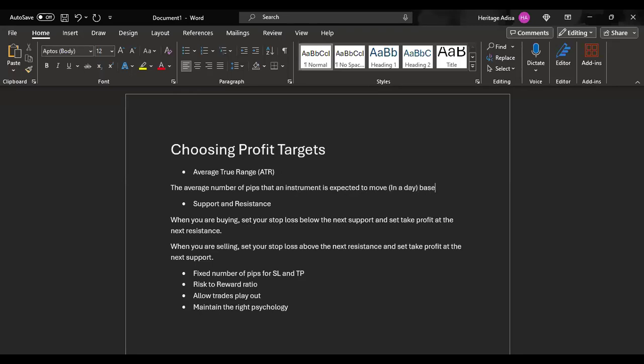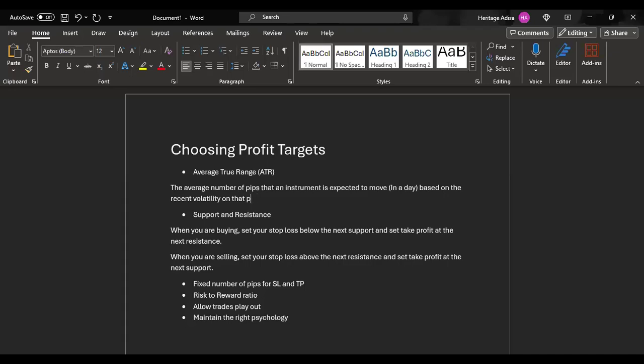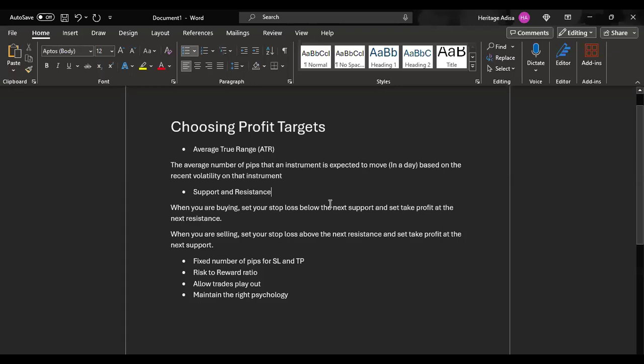And this is based on the recent volatility in the market on that pair, on that instrument. So average true range says the average number of pips that an instrument is expected to move, based on recent volatility on that particular instrument.